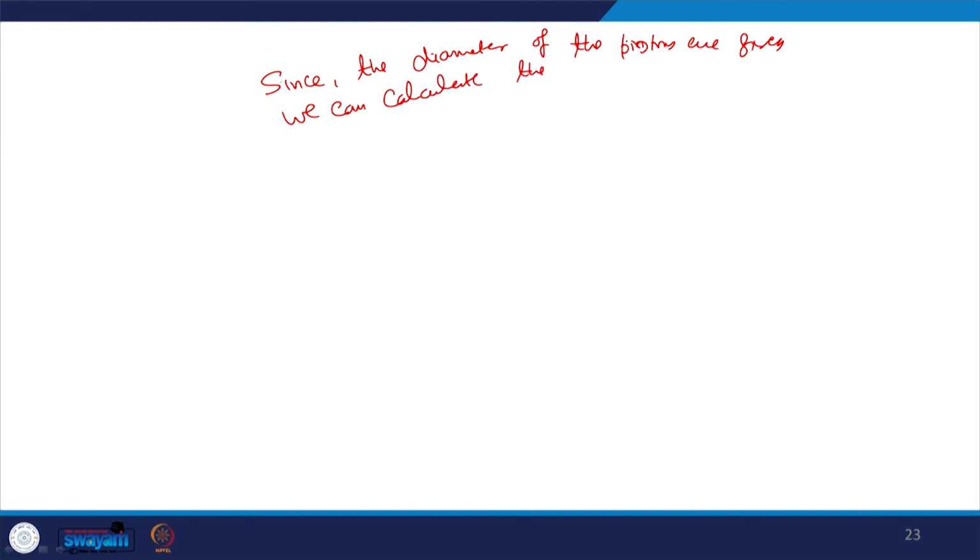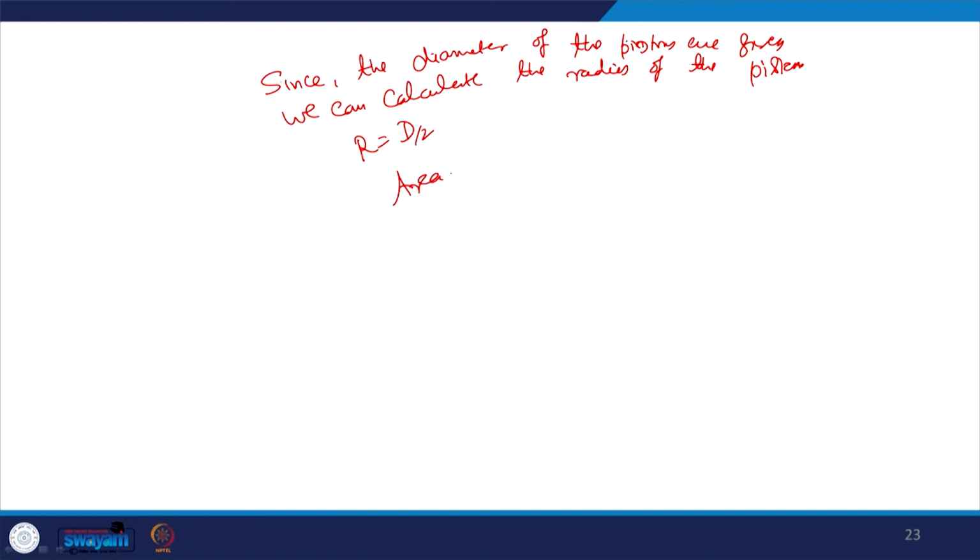Now solution of this particular problem, since the diameters of the pistons are given, we can calculate the radius of the piston, and that is r equal to d by 2.